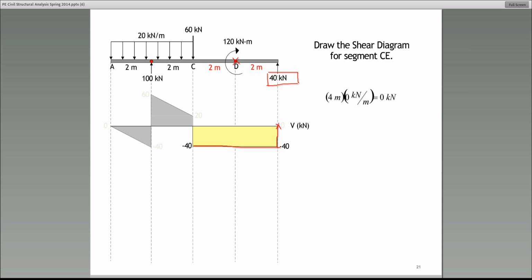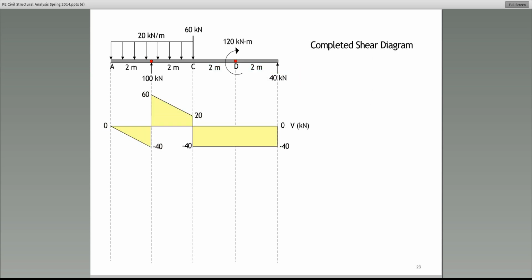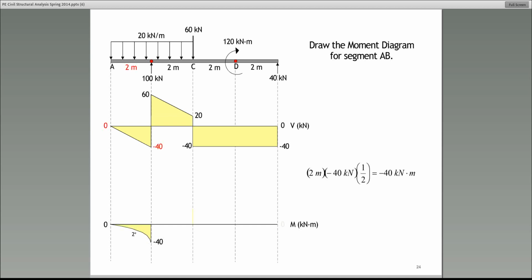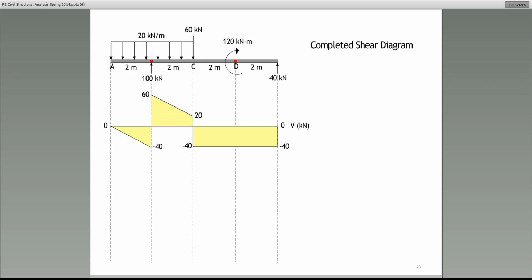All right. Now, the next thing I want you to do is help me. This is the complete shear diagram, and the next thing I want you to do is help me draw the moment diagram. Once again, I hope that everybody is participating in this because it's important, and it's really not that difficult.